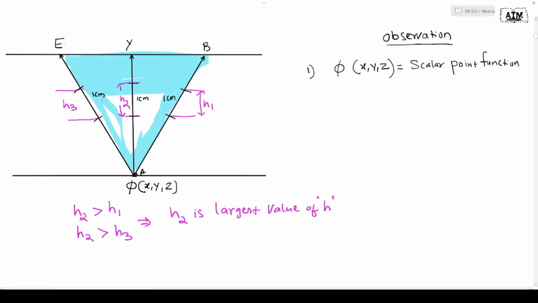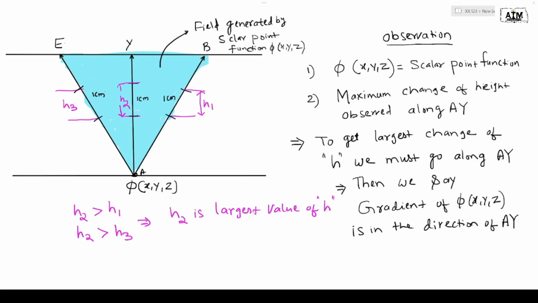There is a distribution of field due to the scalar point function phi of xyz. So this is the space, and everywhere in this space the field is spread by the scalar point function. So field generated by scalar point function phi of xyz is shown by the shaded region.